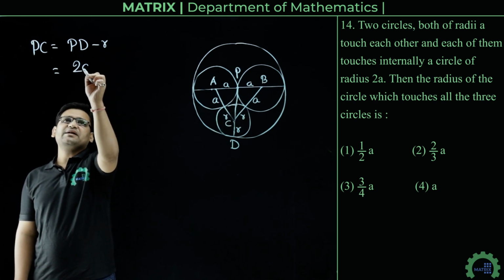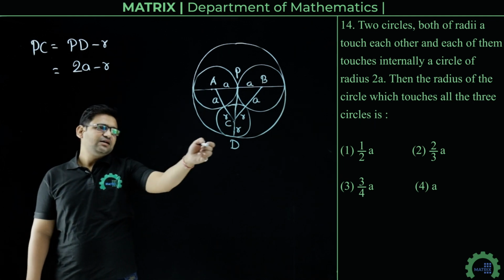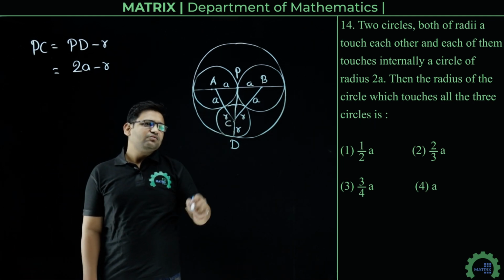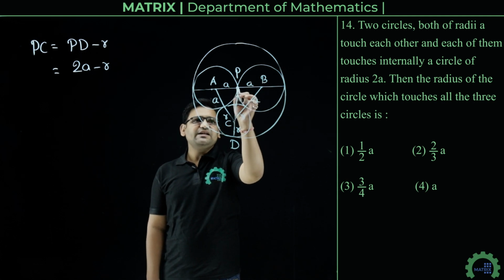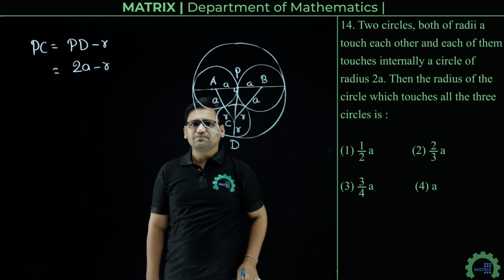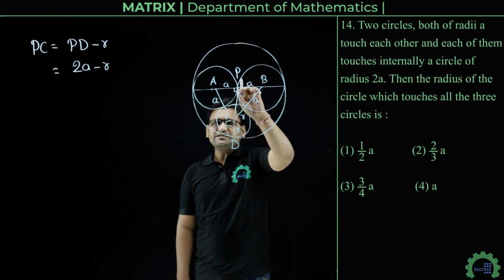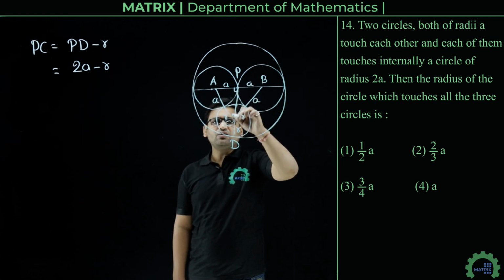So this is 2a minus r. This is length PC. Now in triangle ACP, we can easily identify that this angle is 90 degrees, so we can apply Pythagoras theorem in triangle APC.